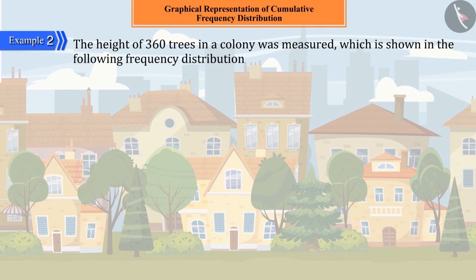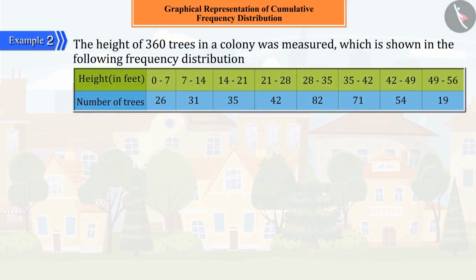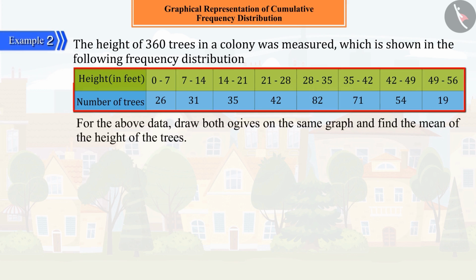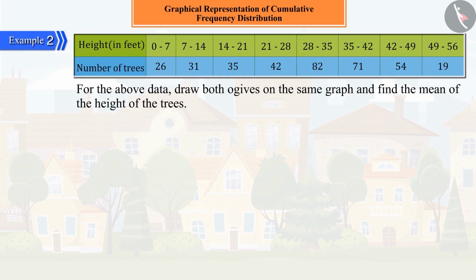In a colony, the heights of 360 trees were measured, which is represented in the following frequency distribution. So can you draw both ogives on the same graph for these figures and then find the median height of the trees? Let's see.